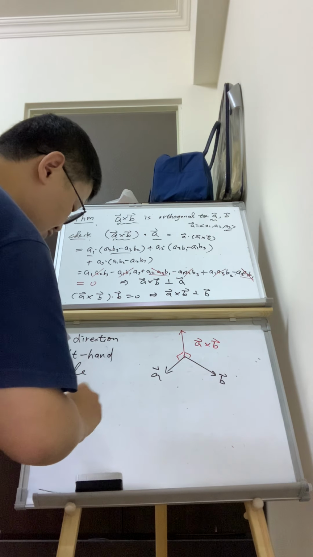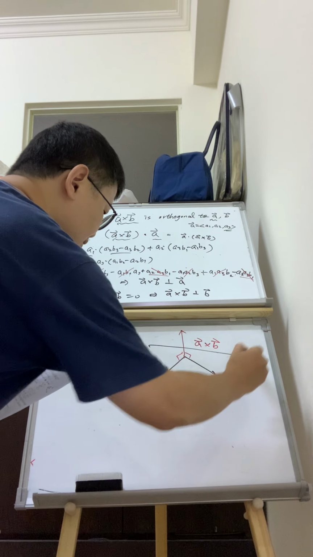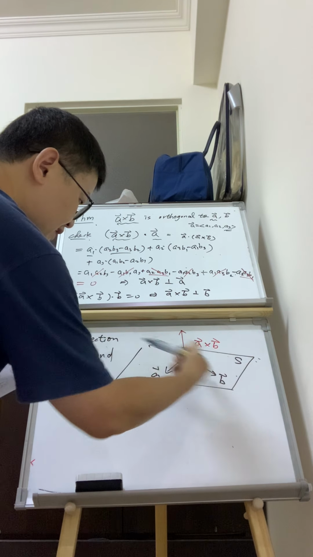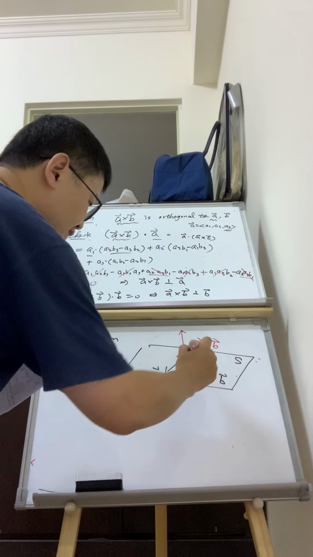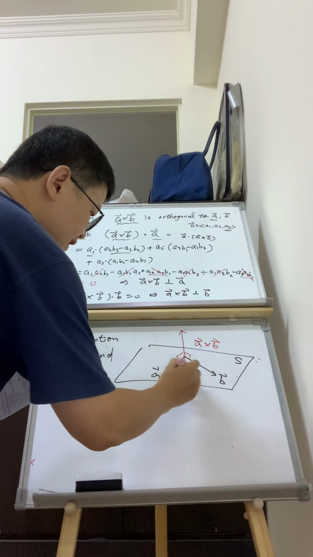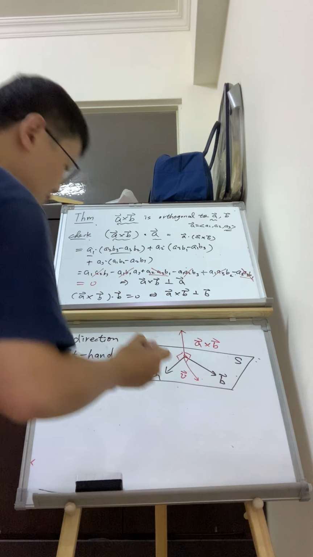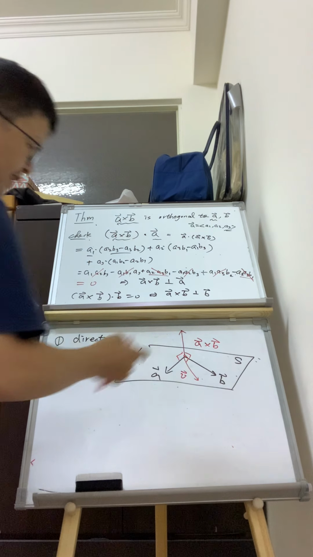So it's orthogonal to any plane which contains these two vectors. If we have any vector V in the plane S, then A cross B is orthogonal to any vector in the plane.